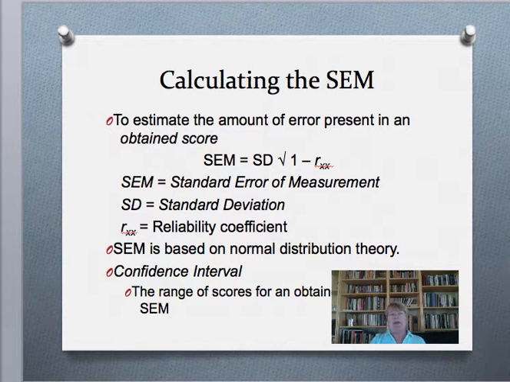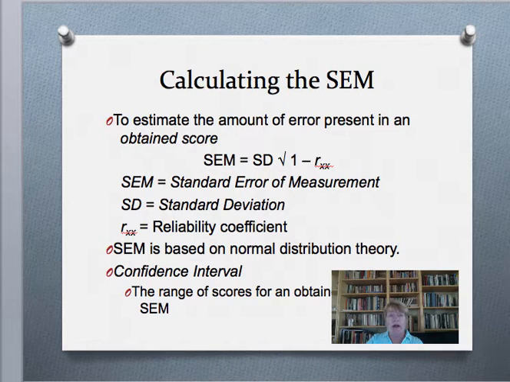So calculating the standard error of measurement, how do test makers do that? And how could you, if the test isn't reporting standard error of measure, calculate the standard error of measure and apply it to the person's score to calculate a range of scores? Well, here's the formula for standard error of measurement. Standard error of measurement is equal to the standard deviation of the test times the square root of 1 minus the reliability coefficient.